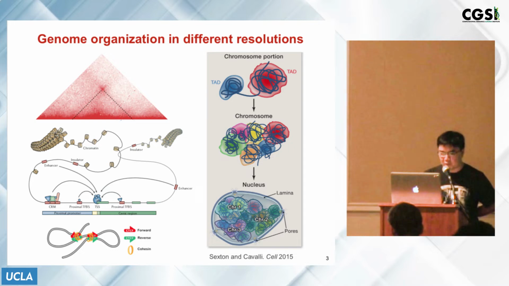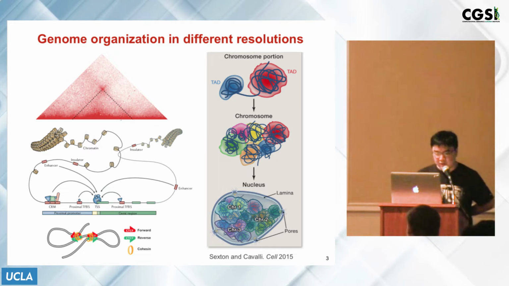Another type of loop is a bit more general. Sometimes it doesn't involve any genes at these anchor regions. These are mediated by architectural proteins. One of the most important ones is those loops that are mediated by CTCF proteins. Frodem also mentioned this yesterday.